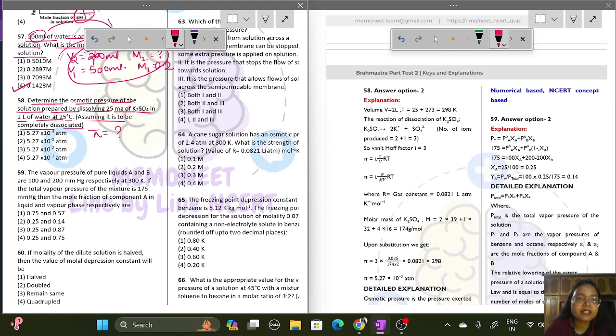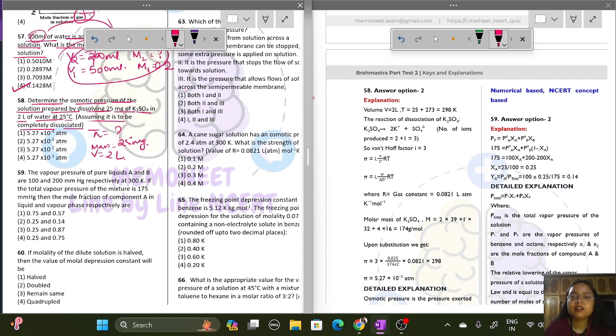Mass is given as 25 mg, and volume is given as 2 liter. Assuming it to be completely dissociated.